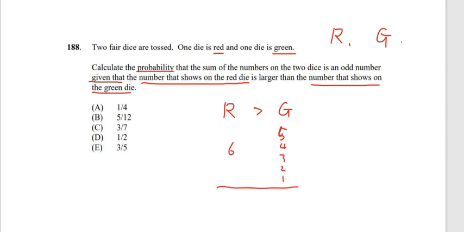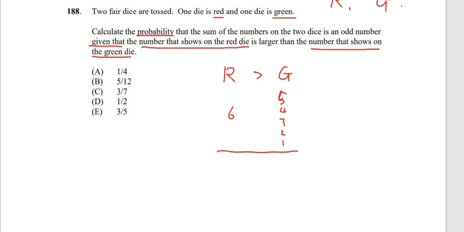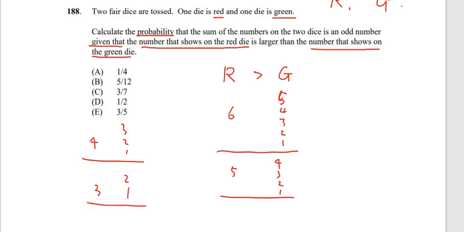Okay, and if R is 5, then green can be 4, 3, 2, 1, and if R is 4, then green can be 3, 2, 1, and if R is 3, then 2, 1, right?